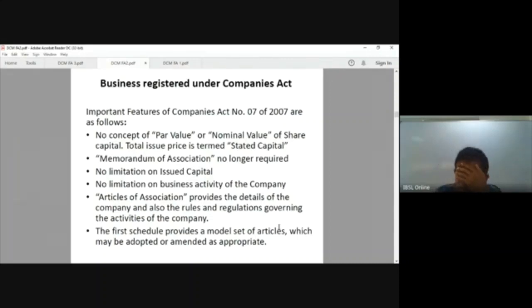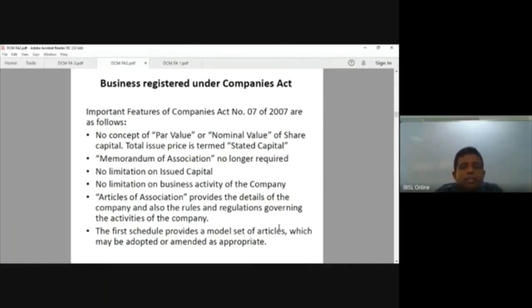But under the new Company Act 2007, there is no restriction on a bank or any entity doing any business at all. Therefore, there is no need for the Memorandum of Association. Currently the only main document we consider for registration is the Articles of Association, right?